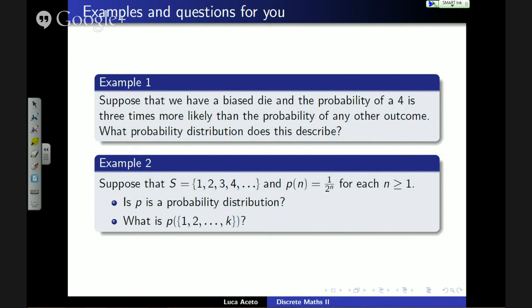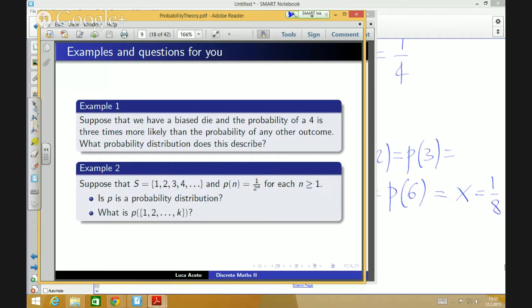But I'm going to ask you an easier question. What is the probability of picking a number in the set 1 to k? Well, now you need to sum only finitely many of these guys. So what is this probability?